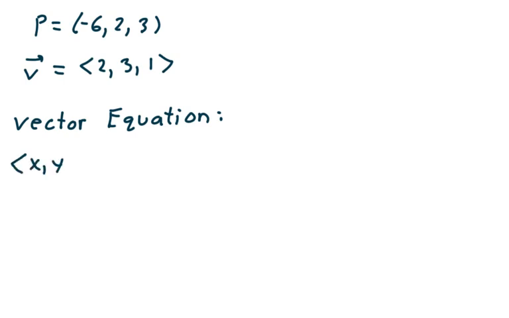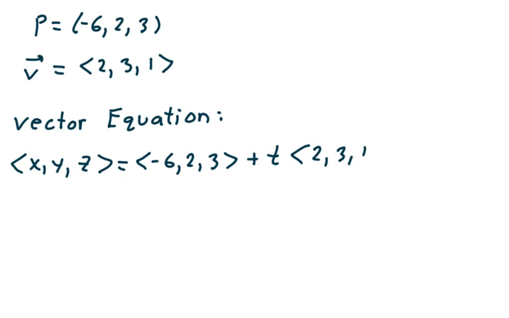So x, y, z is the position vector of the point P, which is the vector -6, 2, 3, plus t times the parallel vector, the vector 2, 3, 1. So that's the vector equation. It's the position vector of the point plus a scalar multiple of the vector that runs parallel to the line. Okay, that's how that works.